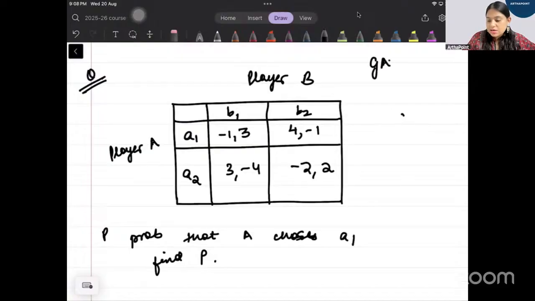This is GATE 2025, question 64. Give it a try.